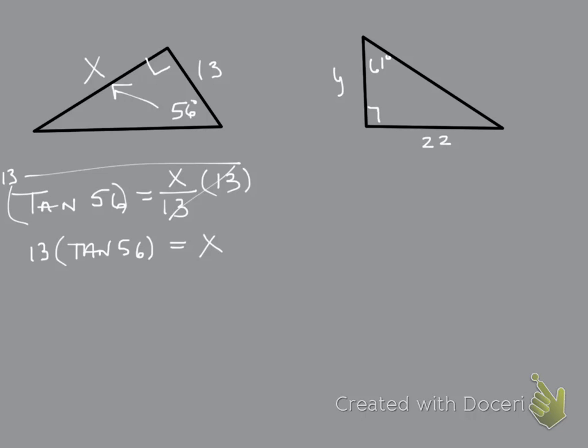You can just do the tangent of 56 if you want, and you'll end up with 13 times 1.4826 equals x, and then just multiply those together. So 13 times that equals 19.3.